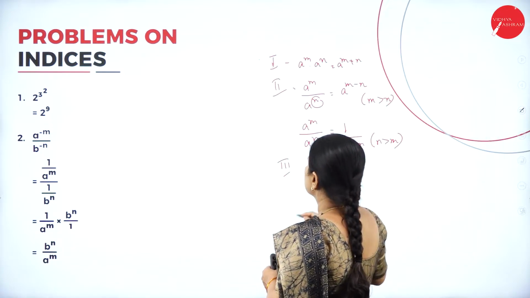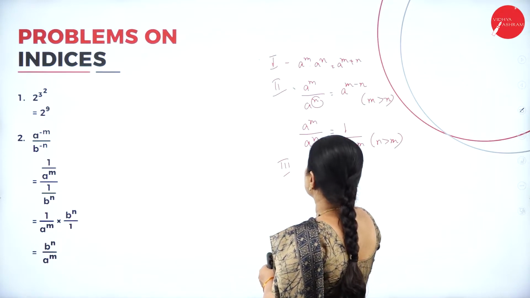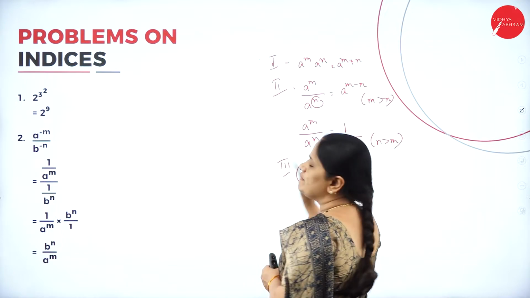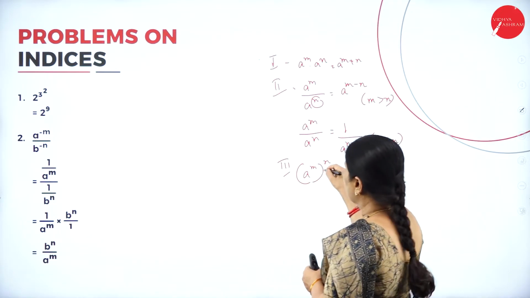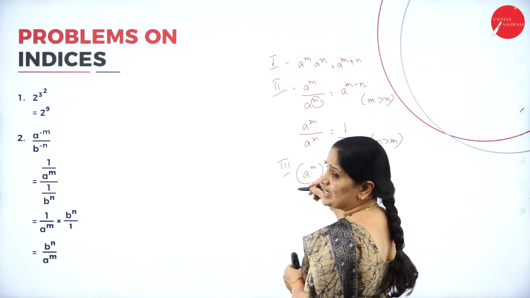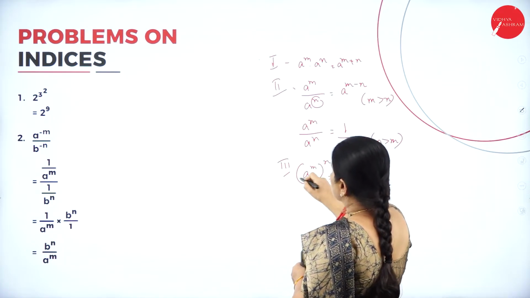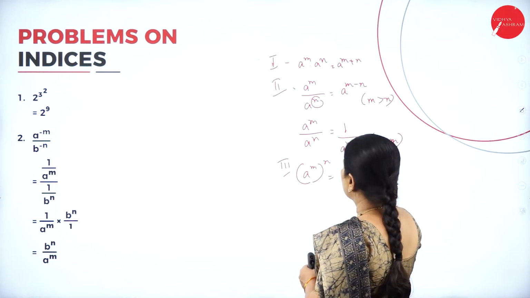Now, the third law says that a to the power of m, whole to the power of n. When you get an expression like this, the entire expression is raised to the power n.